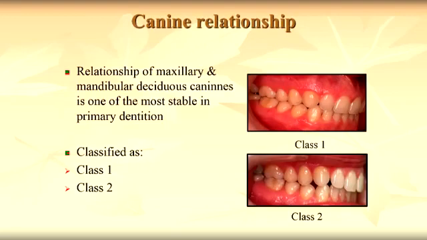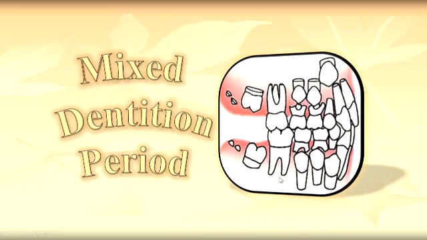Now, the canine relationship of maxillary and mandibular deciduous canines is one of the most stable in the primary dentition, classified as class 1 as shown in this picture and class 2 as shown in this picture.